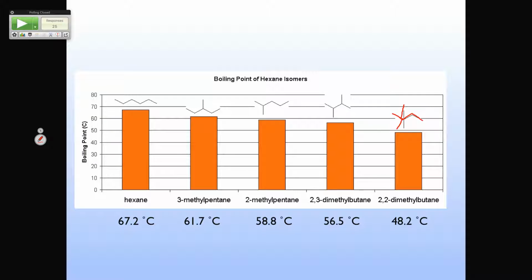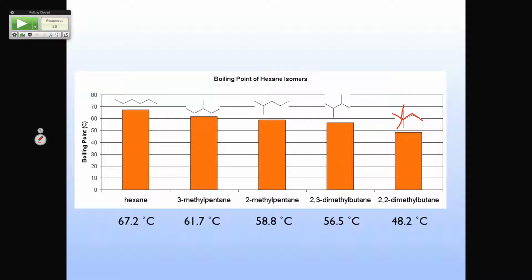Notice how the shape of the molecules changes as you go from the left to the right. The one on the right is the most branched that you can be, and it has the lowest boiling point. They're all isomers of each other. They all have 6 carbons. They all have the same molecular weight, the same formula, just different structures.